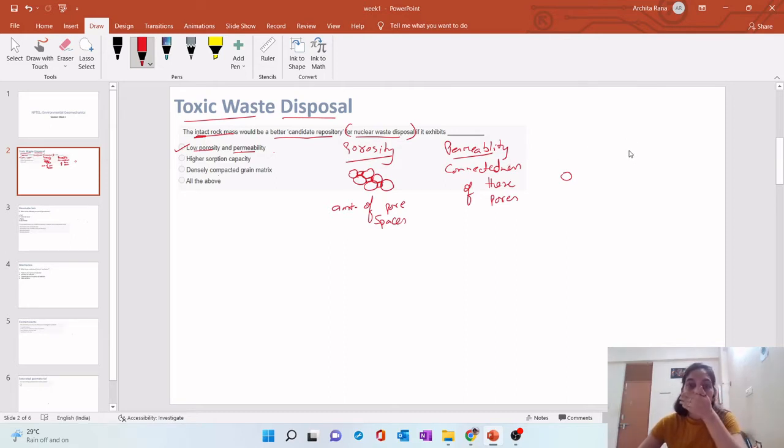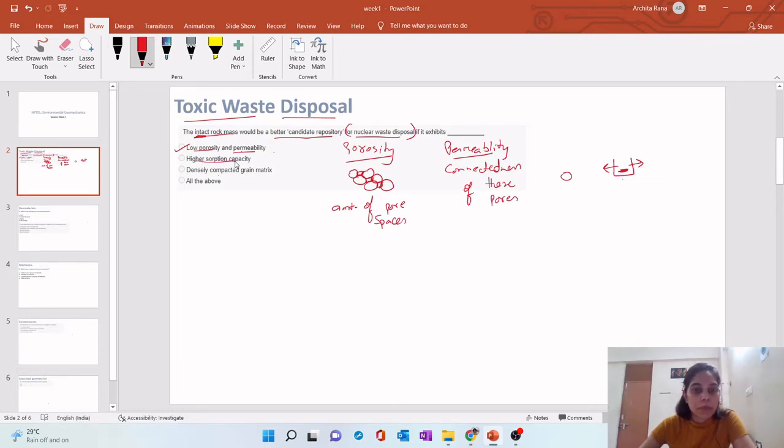It means that even if there is a spillage of the nuclear waste in the rock mass, since the pores are not connected, it cannot move far from the location of its spillage. And also, since the pores are fewer, there is less chance of the nuclear waste being stored in these tiny pores. It is an important quality for the intact rock mass.